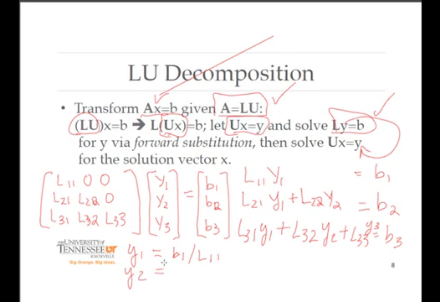Go back to this second equation right here and say, if I had Y1, then I could multiply Y1 times L21, push it over to the right-hand side, and then Y2 would be b2 minus L21 times Y1, and that quantity would be divided by L22.